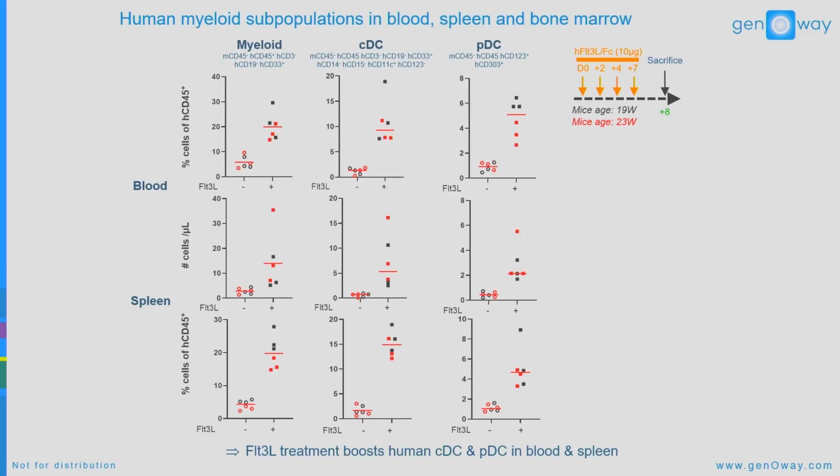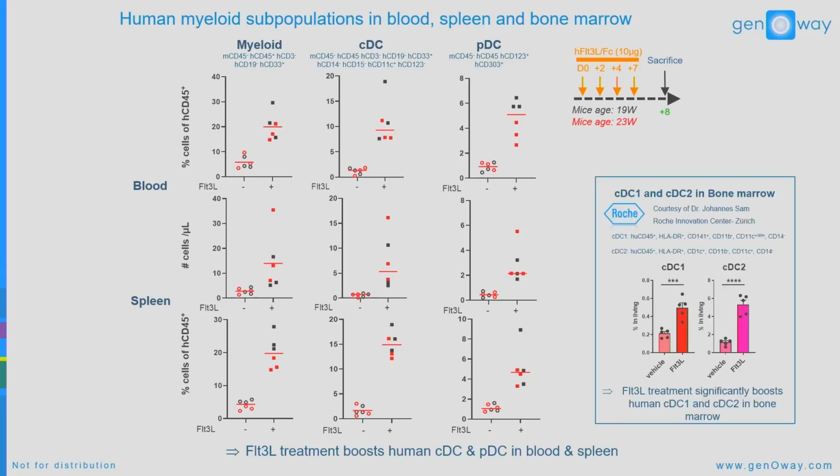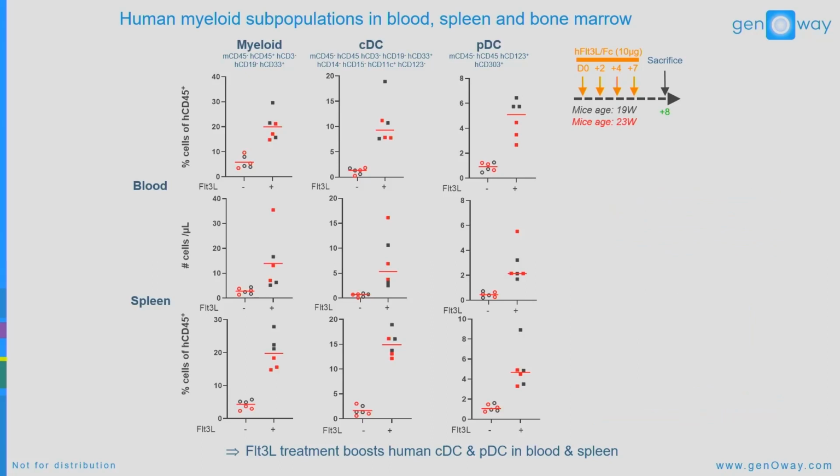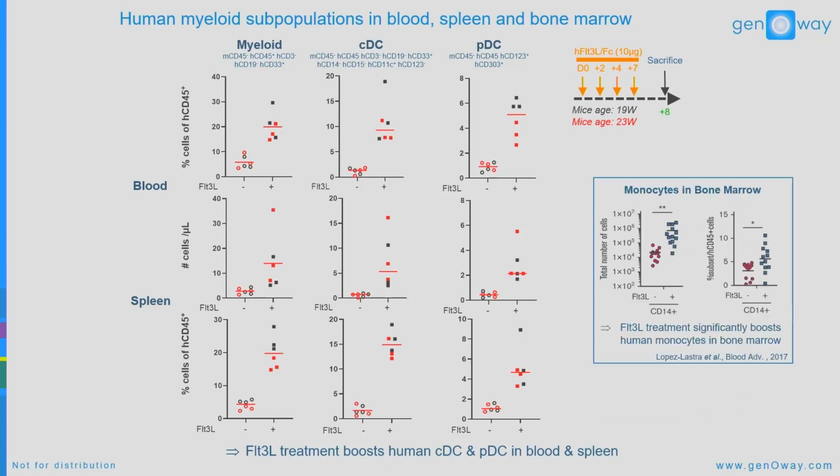And at the end of the last injection session, you start to see a significant increase of myeloid cells in general, in blood, spleen, but also in bone marrow. And that could be seen looking into different subsets of myeloid cells, such as cDCs and pDCs here, but also looking into subsets of cDCs, such as cDC1, cDC2, and also looking into, for example, macrophages in the bone marrow, as shown here in the slides.